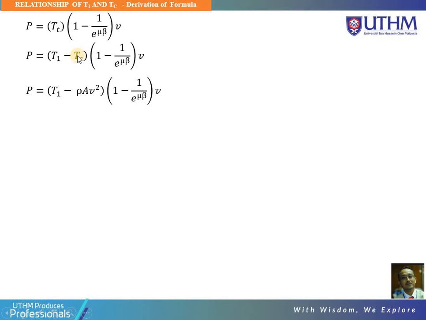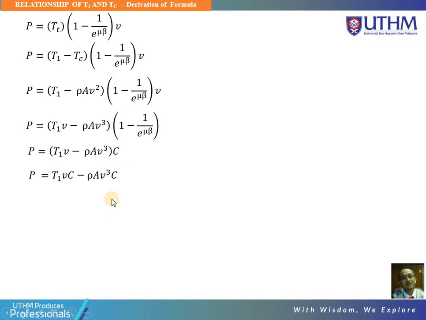We replace the centrifugal tension with rho A V squared, knowing the density and cross-sectional area of the belt and the velocity of the belt. You multiply by V, you will get the new equation. The new equation times the V over here, we get the new equation. Then let's consider this one as C only, to simplify the equation.